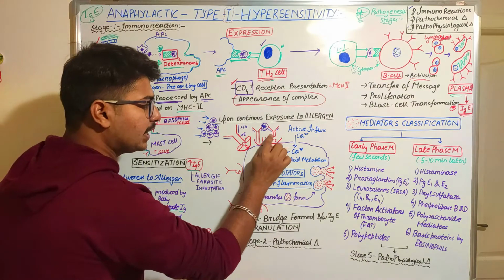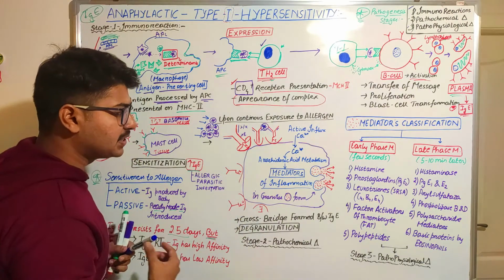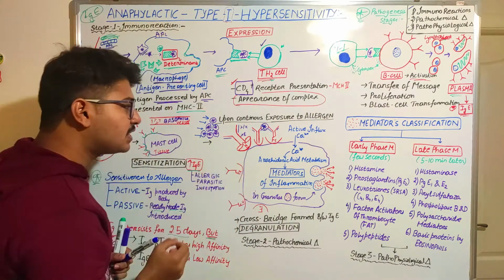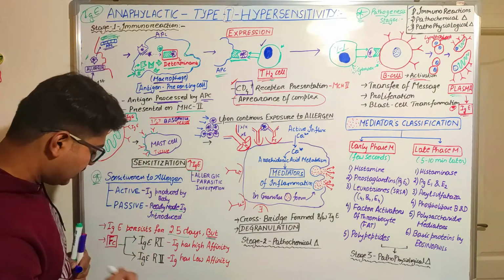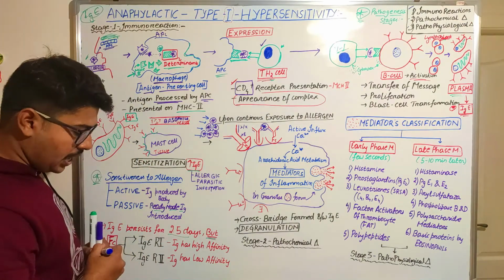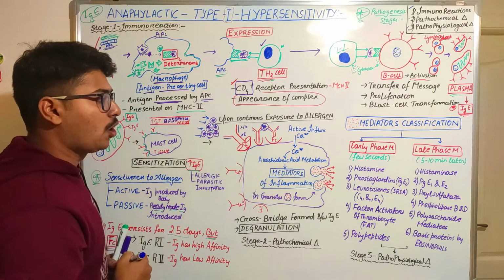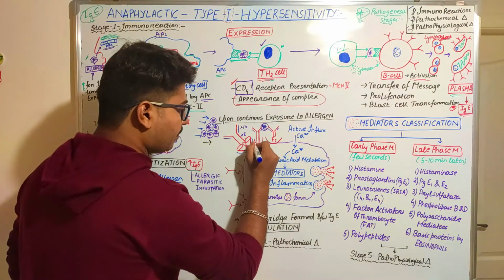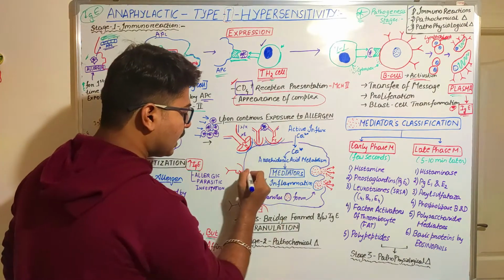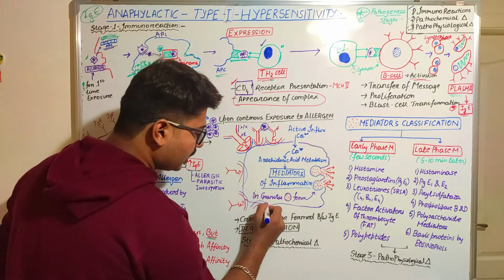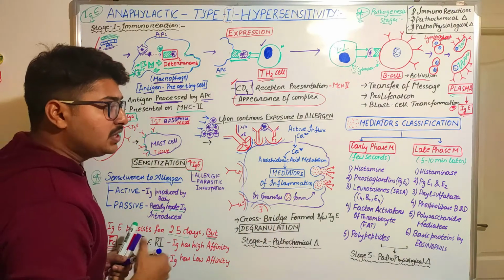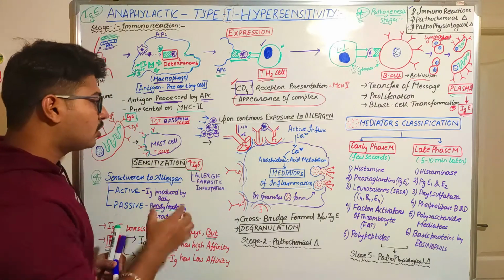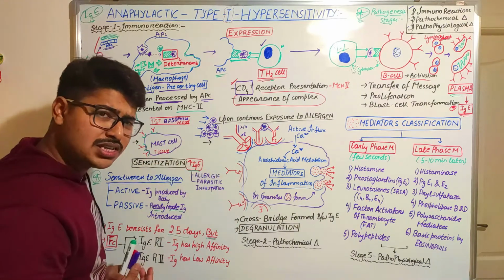These are the antibodies, IgE, I have represented, and the mast cells have a specific receptor, the Fc receptor. We are going to talk about that right now. These are the Fc receptors that are present on the membrane surface of the mast cells or the basophil cells. What are their functions?